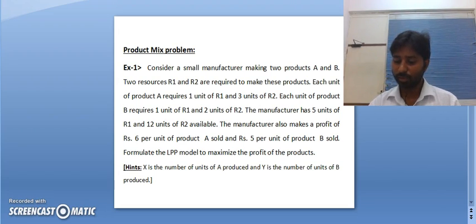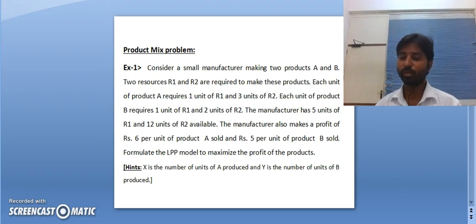Now, what are the issues that this manufacturer faces? First, the manufacturer would like to produce in such a way that the profit is maximized. How does the manufacturer go about formulating this problem? The first thing is that the manufacturer has to decide the number of units of A and B to be produced.